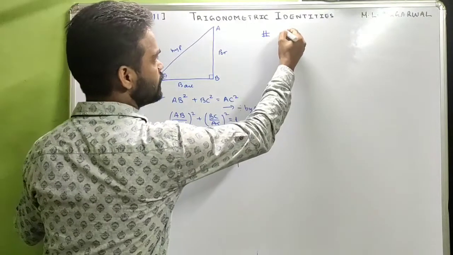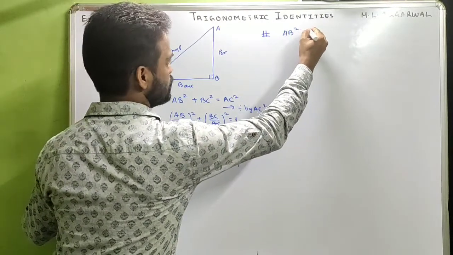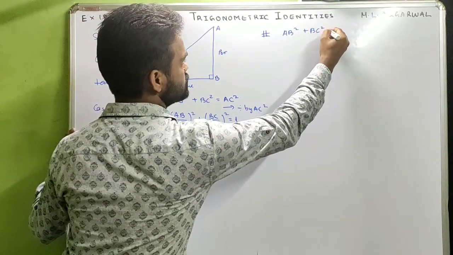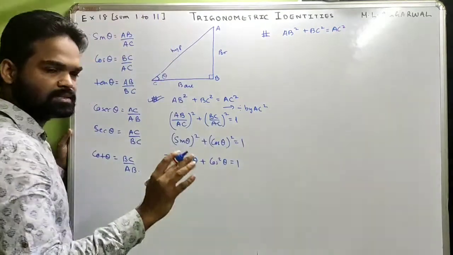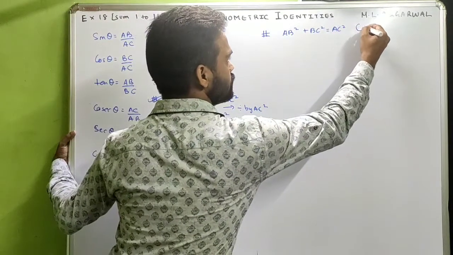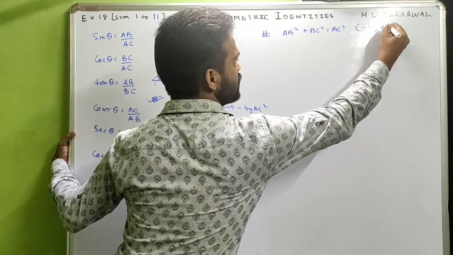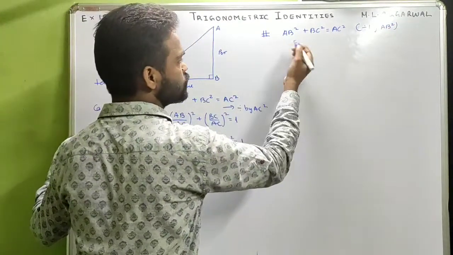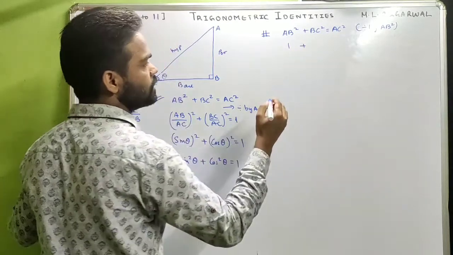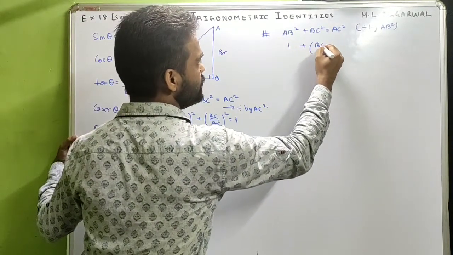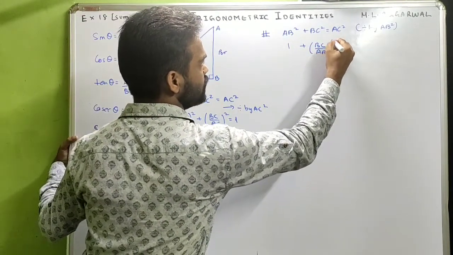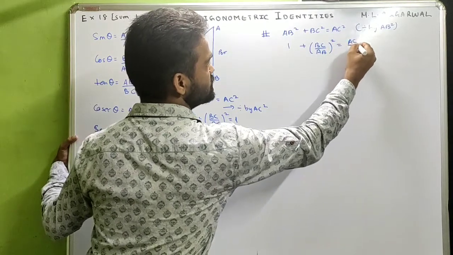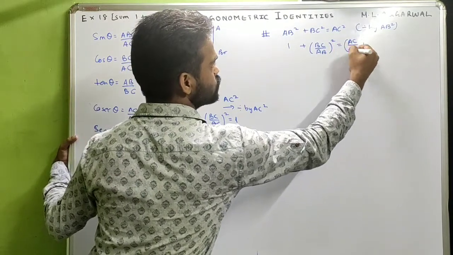Again, I'm writing AB² + BC² = AC². This time I'll divide by, suppose, AB². Then what do I get? AB² by AB² is 1. Then this becomes (BC/AB)², and this becomes (AC/AB)².